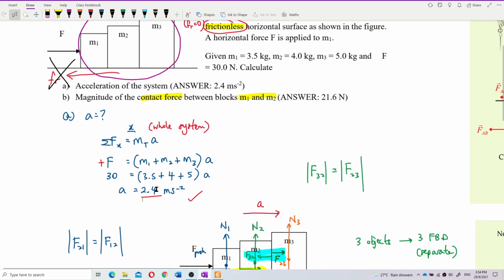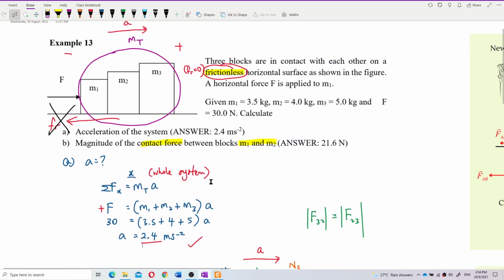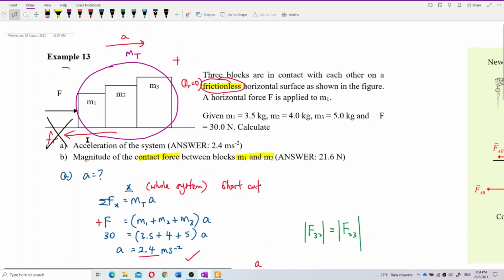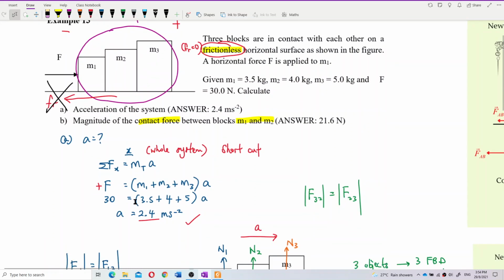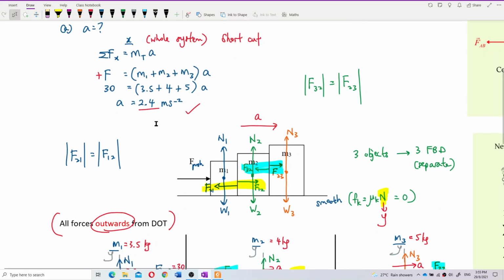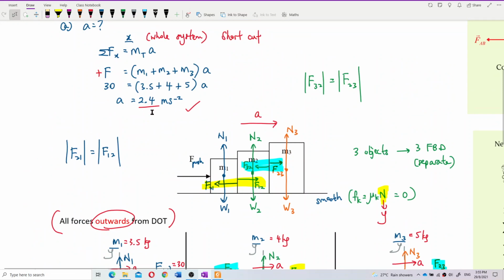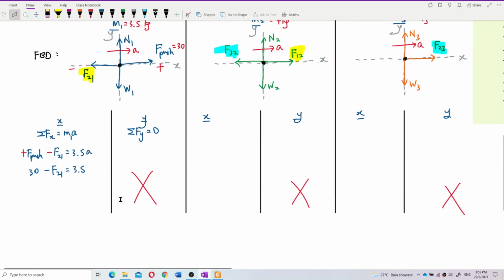I already calculated the acceleration using the shortcut, where we combine all three masses as one object and directly find the acceleration. So I can straight away put the 2.4 over here.